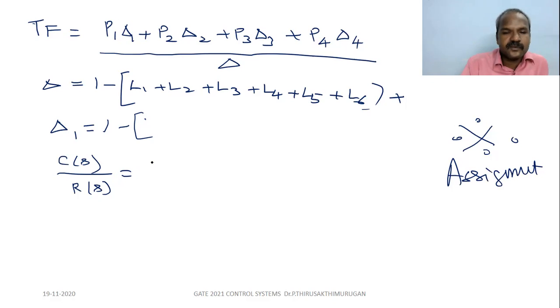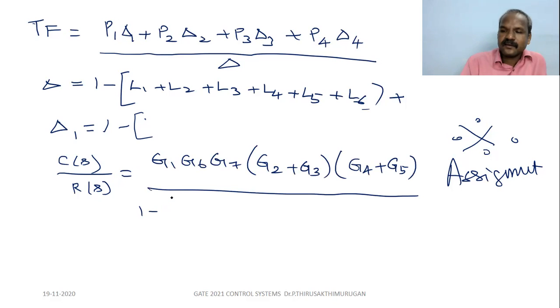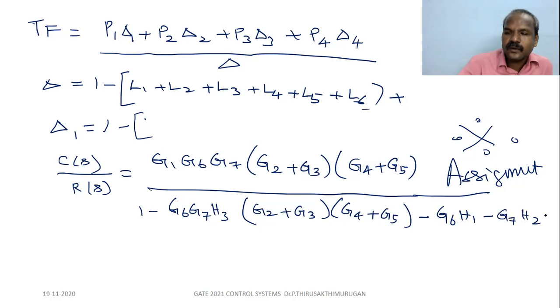C of S by R of S, you will be getting G1, G6, G7, (G2 plus G3), (G4 plus G5), divided by delta, 1 minus G6 G7 H3 (G2 plus G3)(G4 plus G5) minus G6 H1 minus G7 H2 plus G7 G6 H1 H2.